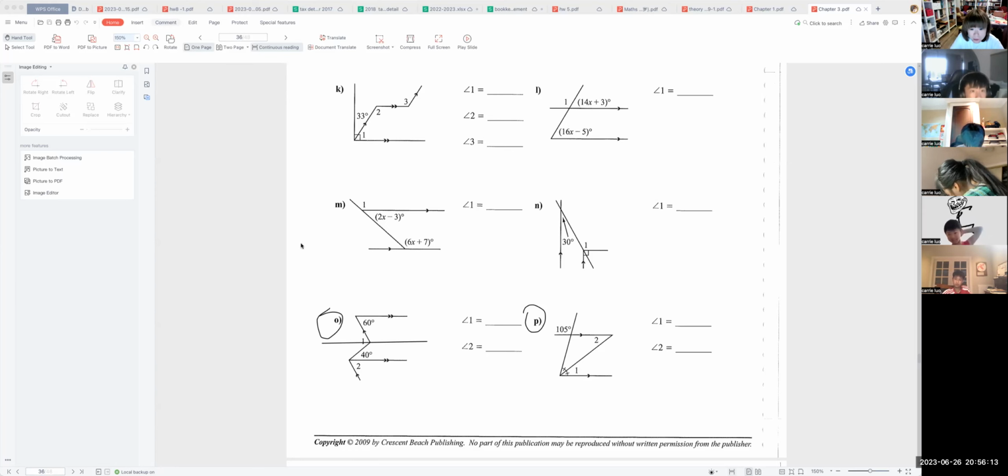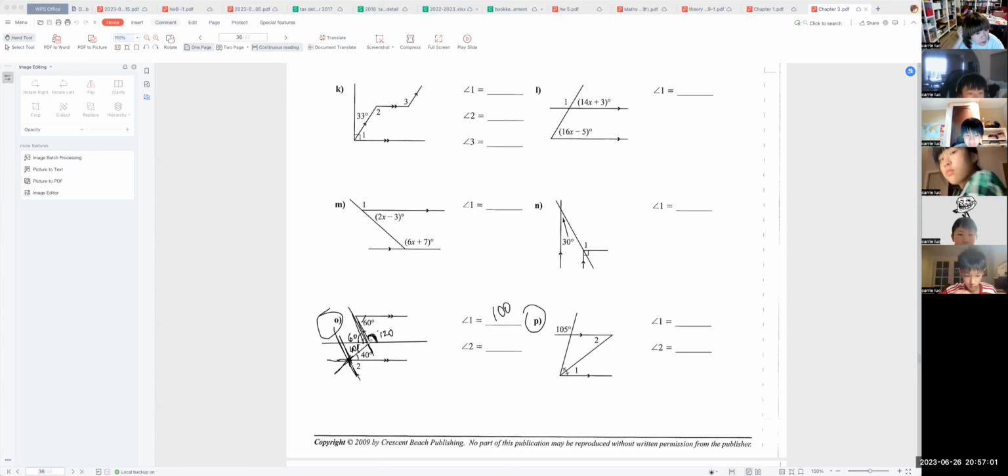Okay, we see this one equals 60, right? So this one equals what? Tell me out loud. It's 120. So this one is 60. Angle 1 is 60, angle 2 is 40.